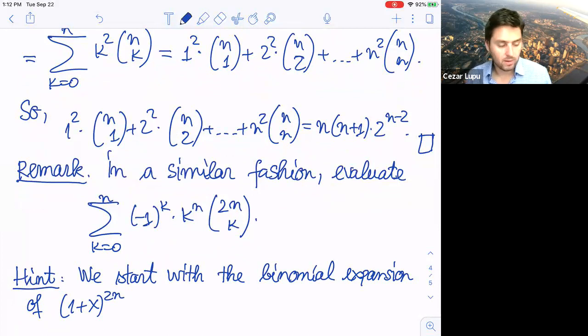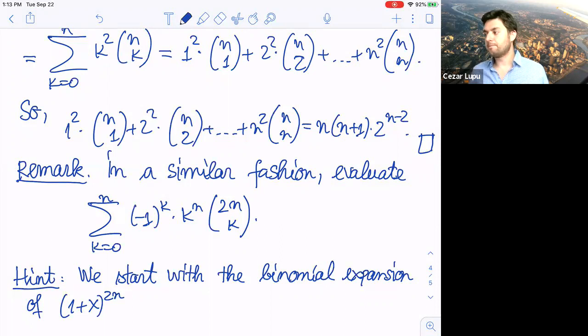You use the binomial expansion of this. And then at some point, imagine that this is again a function, and then you start differentiating. And of course you'll take x to be -1 because you also want to get your -1 to the power k coefficient. Once you differentiate, you take x to be -1, and then you keep going, and at some point you'll derive something. Anyway, this is a nice identity.